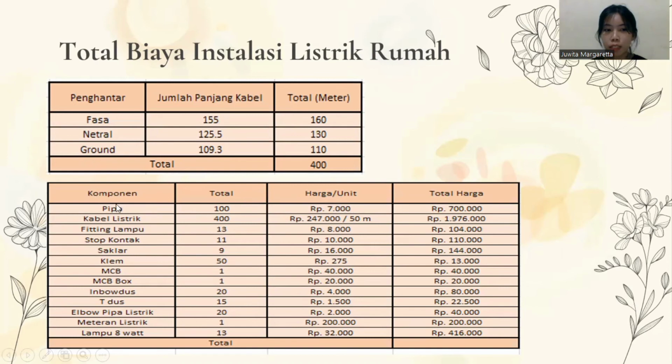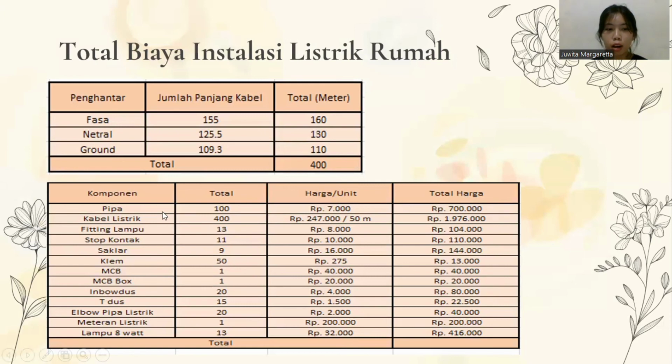For example, these are the pipes. At this house, I use 100 sticks of pipes. The cost of every pipe is 7,000 rupiah. So the total cost is 700,000 rupiah.